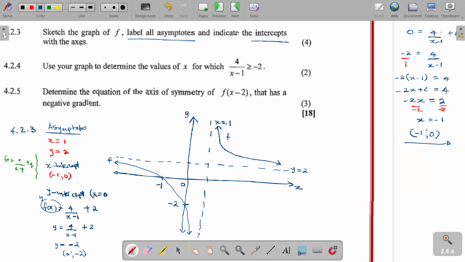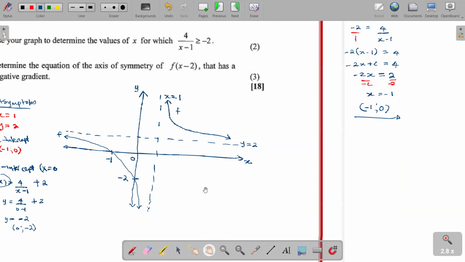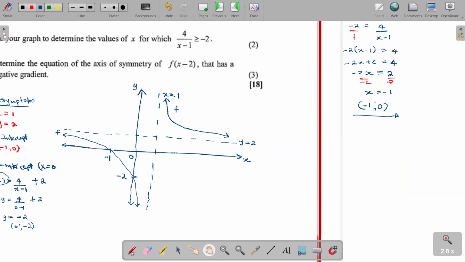Sometimes they want you to show any other point. So if we wanted any other point on the graph, we are going to choose any x value just after the asymptote here or before the asymptote here, but take note, for any other point we must not consider the intercepts. So we can just say when x is equal to 5, let's substitute.